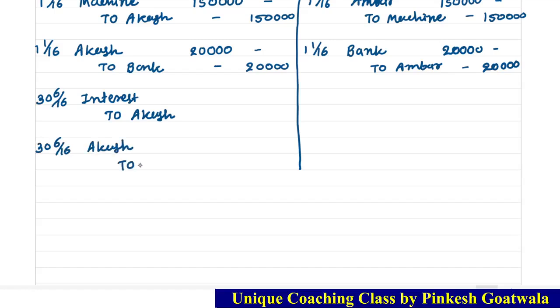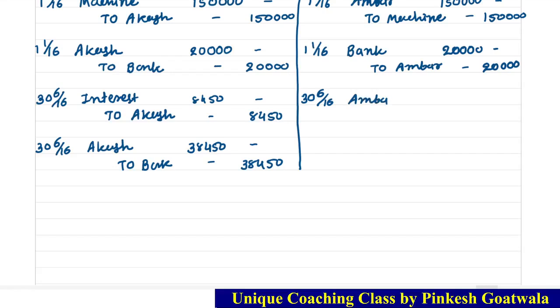So Akash to bank 38450. It is the amount of installment and it is the amount of interest. Same here. Here interest will be income for him. So Amber to interest. And he received the amount of installment. So bank to.